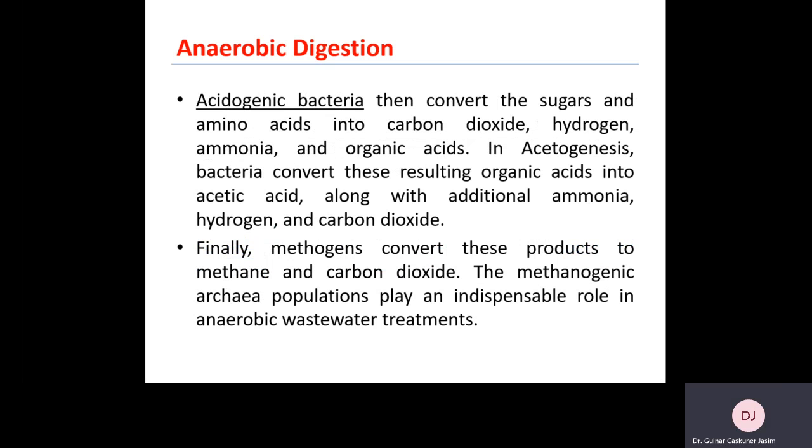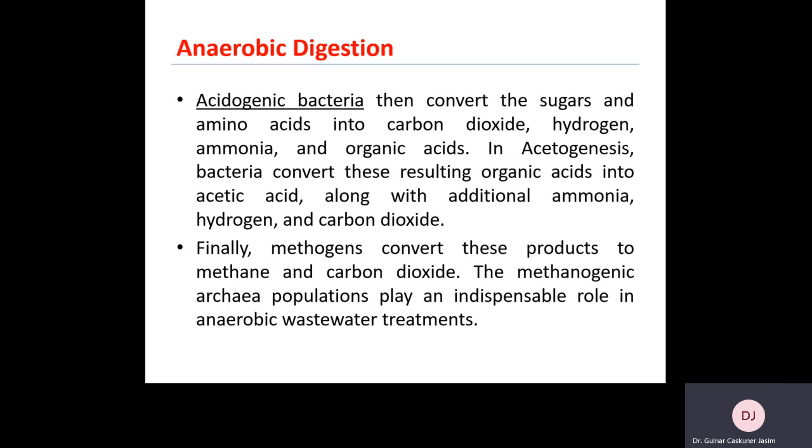Acidogenic bacteria then convert the sugars and amino acids into carbon dioxide, hydrogen, ammonia, and organic acids. In acetogenesis, bacteria convert these resulting organic acids into acetic acid, along with additional ammonia, hydrogen, and carbon dioxide. Finally, the fourth phase of anaerobic digestion is methanogenesis.